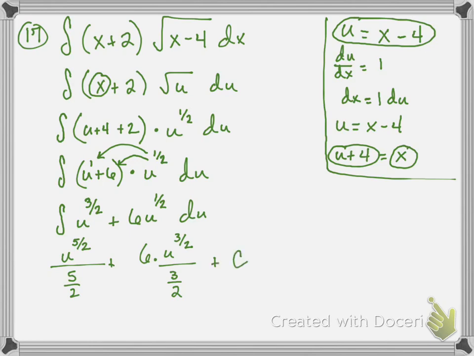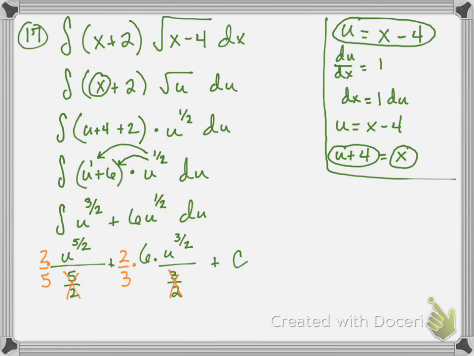Leave it like that? No, we got to get rid of those fractions in the bottom of the fraction. So all you do to cancel those out, just flip it and multiply. 2/5. This one's going to be times 2/3.